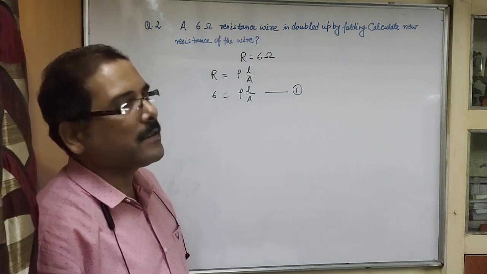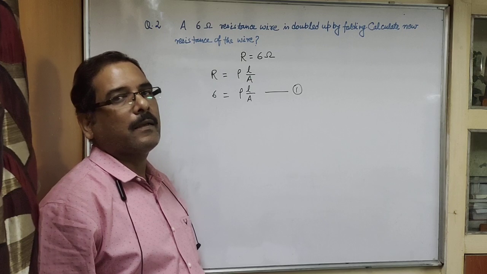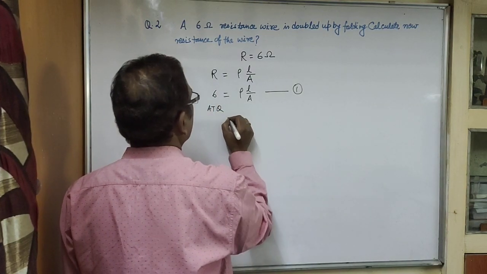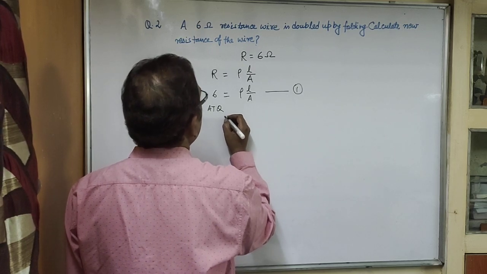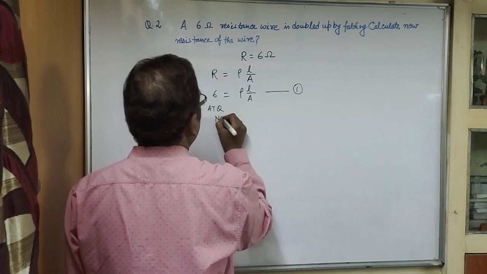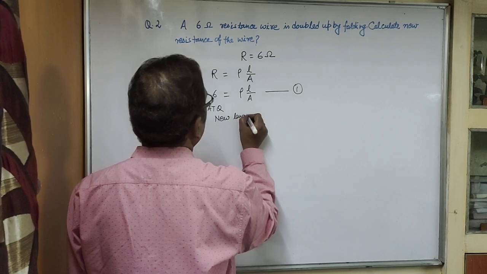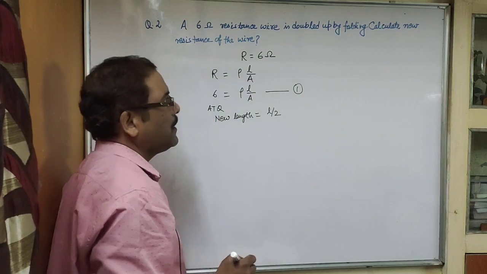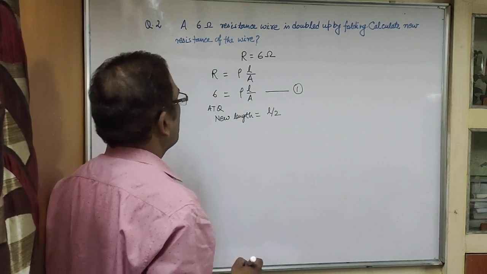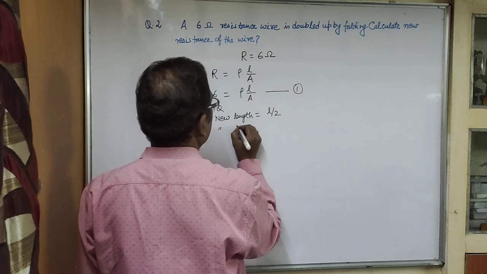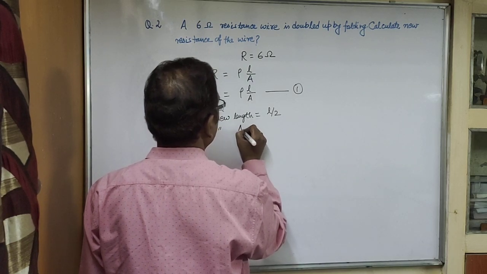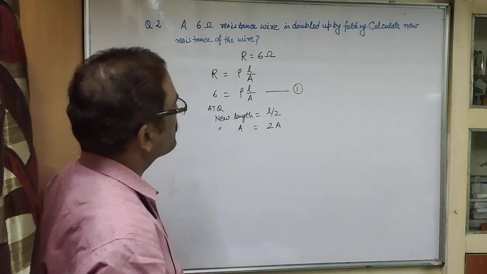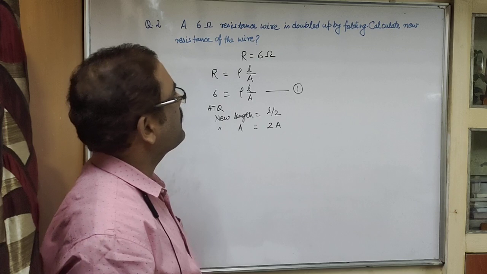Now whenever the wire is doubled, the length reduces to half. So according to the question, the new length will be L by 2 because it is doubled, and the new area of cross section will be 2A, it will increase, as we fold it.